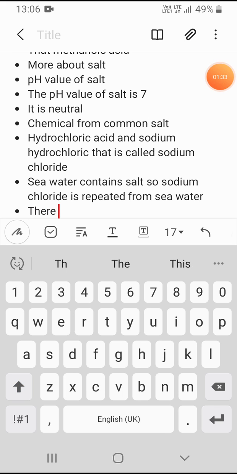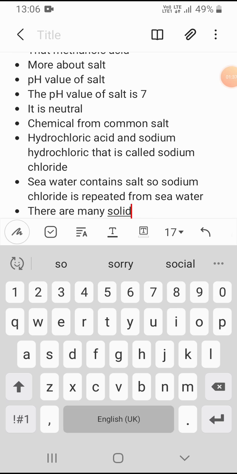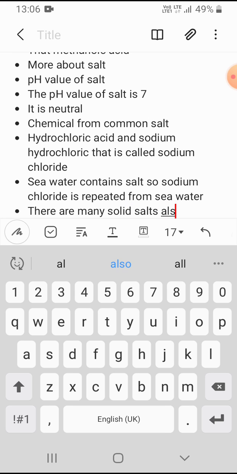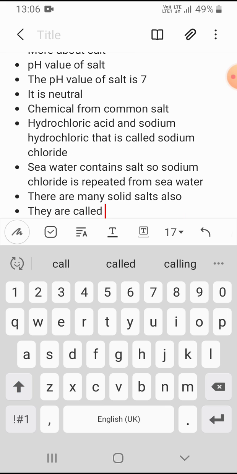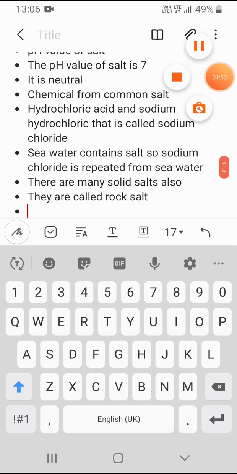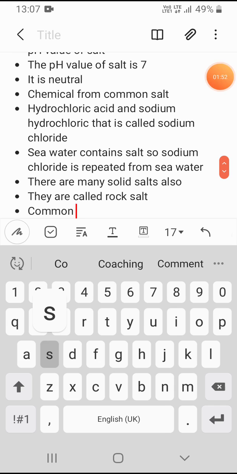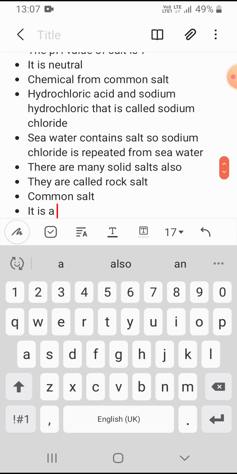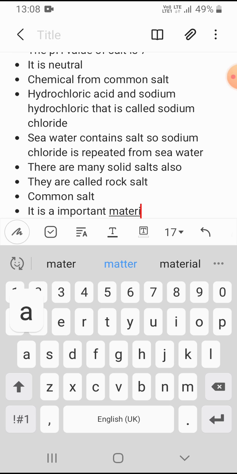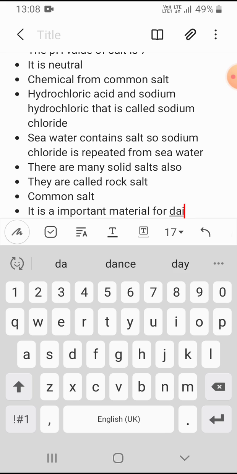There are many solid salts also. They are called rock salt. It is common salt. It is an important material for daily use.